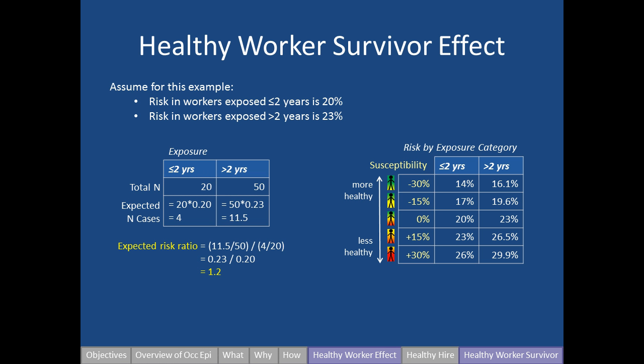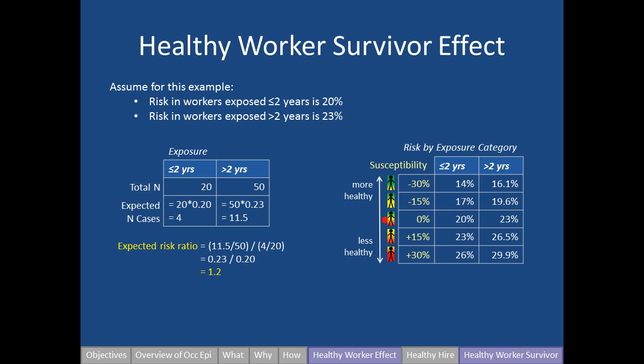But now we also know that people have different susceptibility depending on their health status. So if they're more healthy, they're less susceptible to the exposure for the outcome. And if they're less healthy, they're more susceptible. And these are numbers that I'm just providing to work through the example.